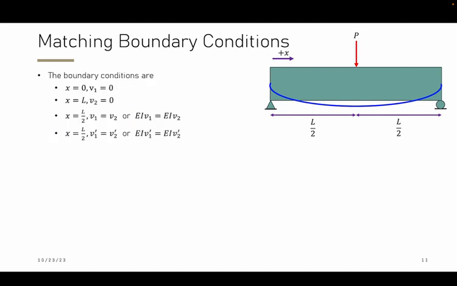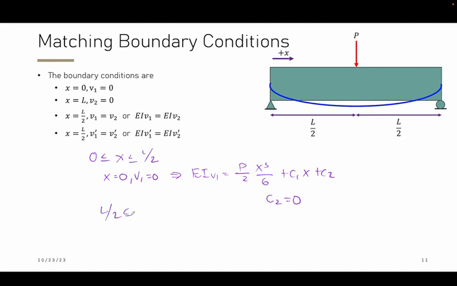So if we look at our overall boundary conditions relative to those situations, the continuity of the beam as well as the individual endpoints of the beam, then for 0 less than or equal to x less than or equal to L over 2, at x is equal to 0, V1 is equal to 0, and EIV1 is equal to P over 2, x cubed over 6 plus C1 x plus C2, so C2 would equal 0.